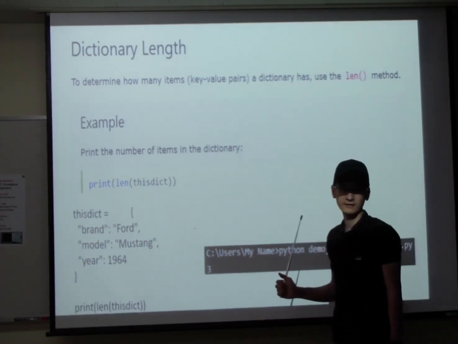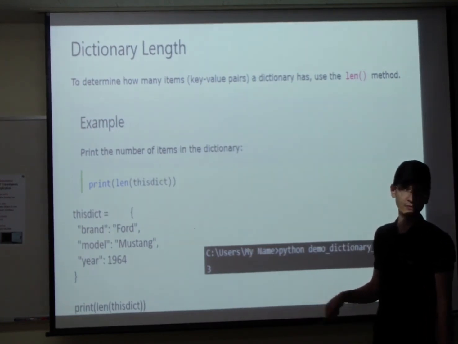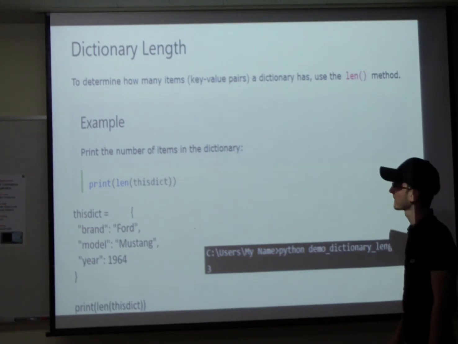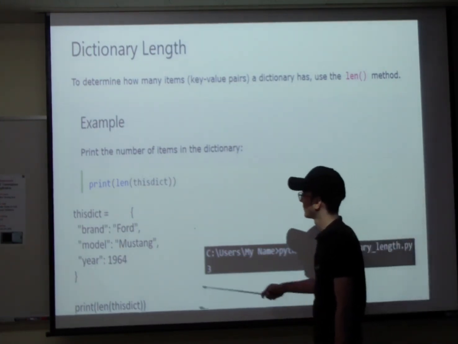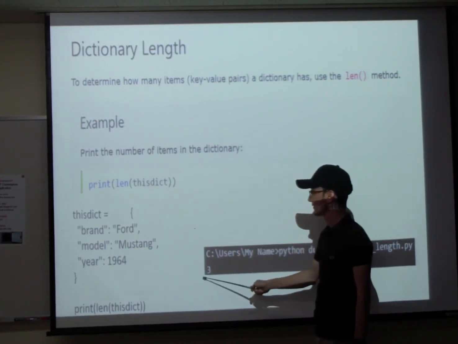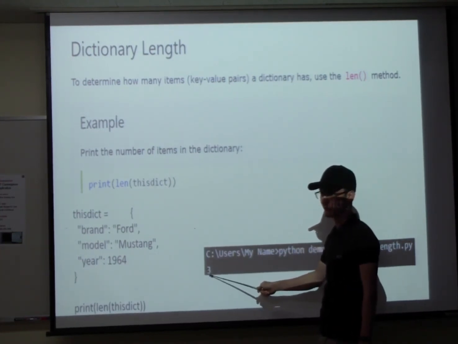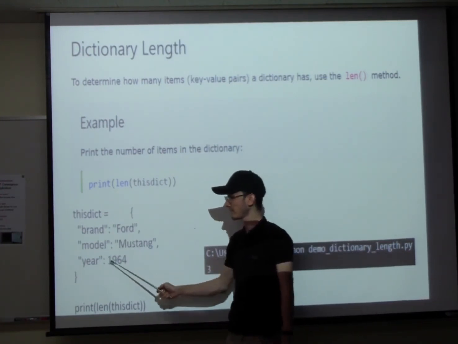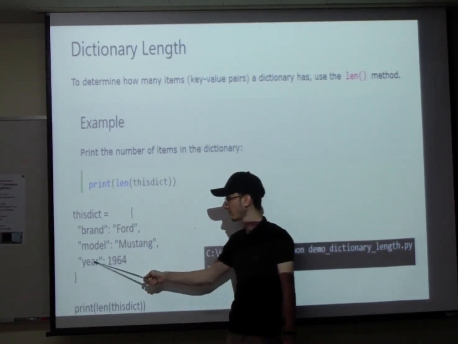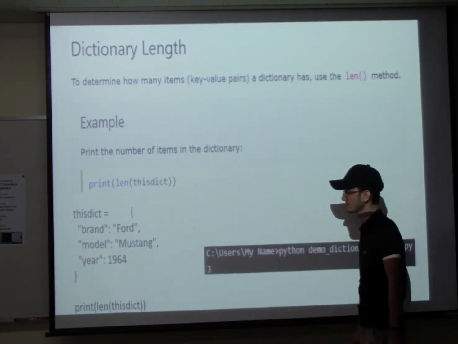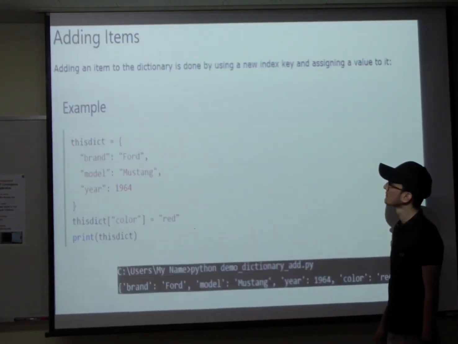We use len not only with the dictionary, we can use it with the list, tuple, set. So for example, len of this dict is 3. We have three items, not 1, 2, 3, 4, 5, 6. These are keywords. These are values.